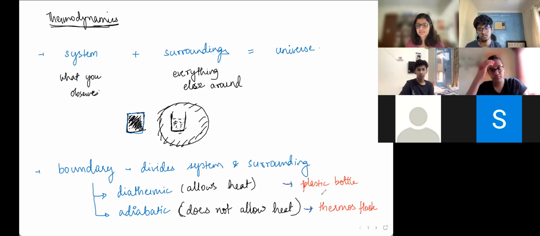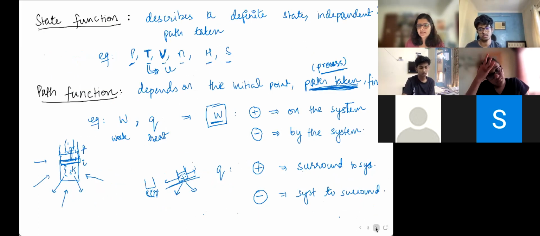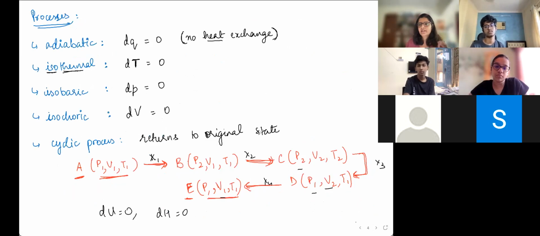So these are types of boundaries, real things that separate. These are types of processes. If you're not heating, not cooling, or you do something in a flask where heat does not affect it, there is no heat exchange involved in the process, that's called an adiabatic process.